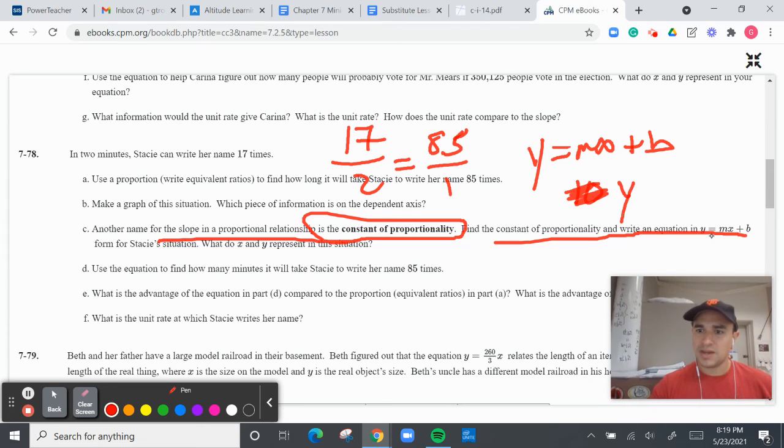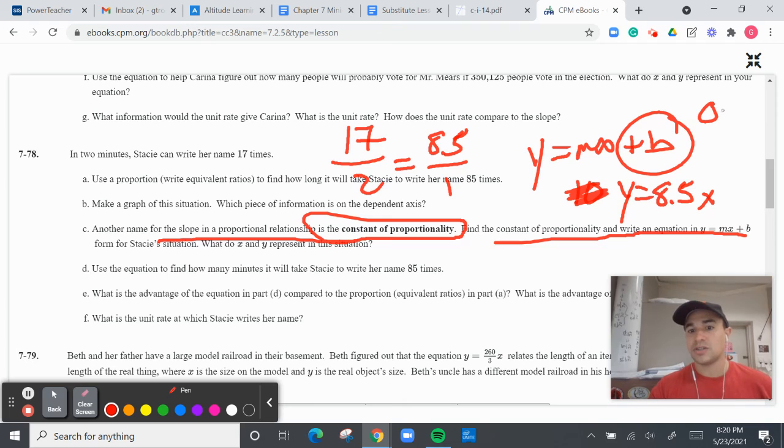So that means y equals 8.5x. We know that b is going to be 0 because it starts at 0, 0. Because in 0 time, she writes her name 0 amount. And so all I did was take this rate and do it for 8.5.